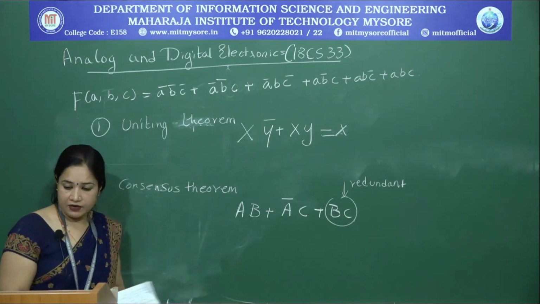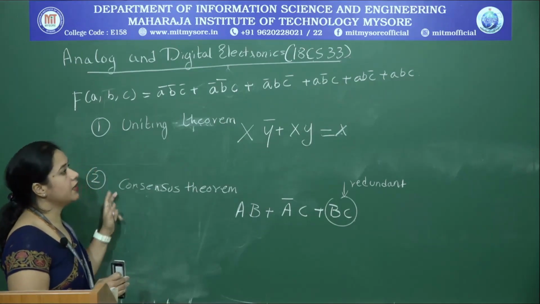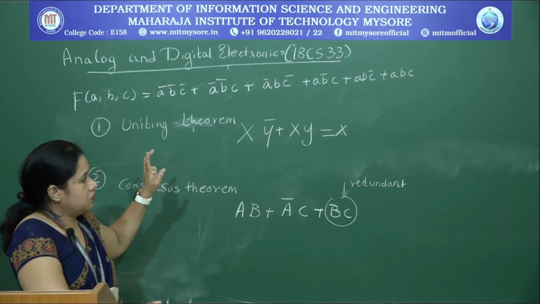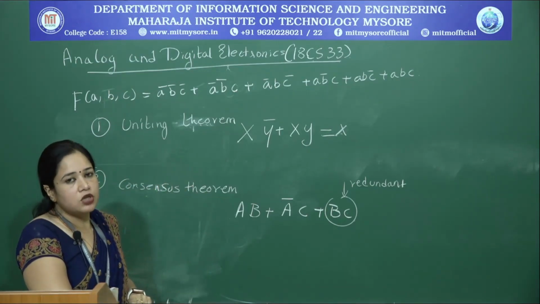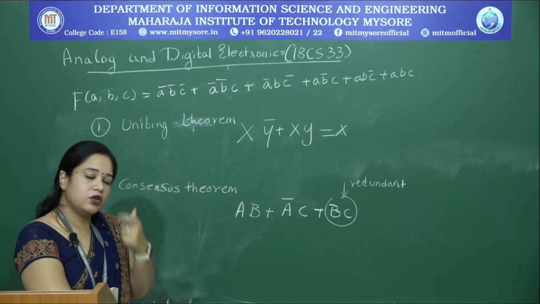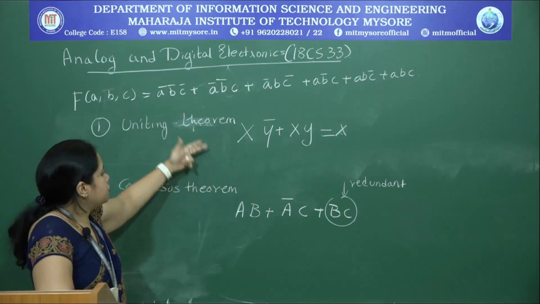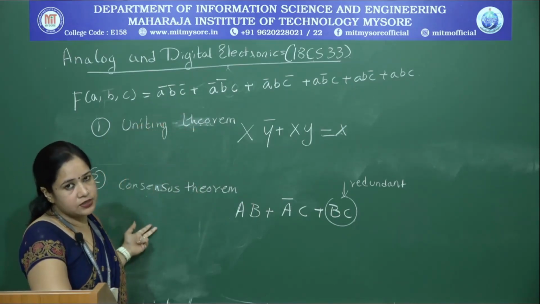And the drawback of this approach I will state at this point. The drawback is you do not get a unique solution, and not all solutions are the minimal solution. Our intention is to arrive at a minimal solution. If I use different combinations and apply these two theorems, we arrive at different solutions.